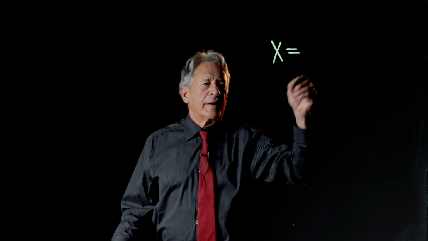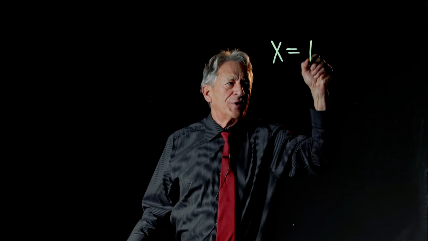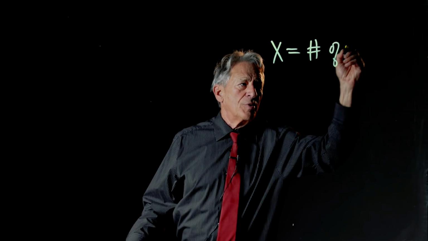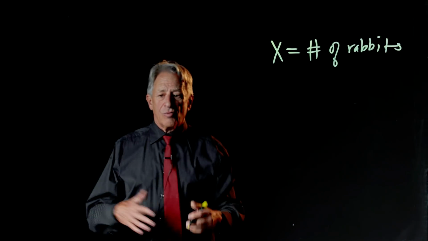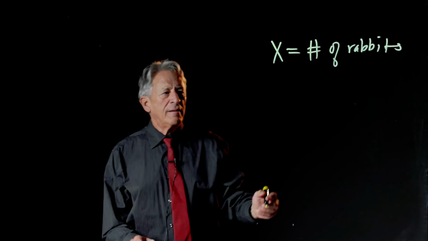So let's go back to the world's simplest model, where, for example, X is the size of a population. Let's say it's the number of rabbits in our rabbit population.